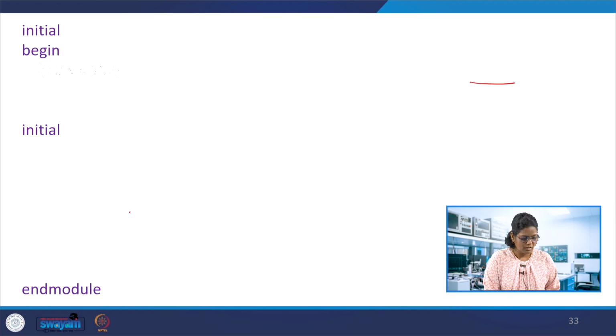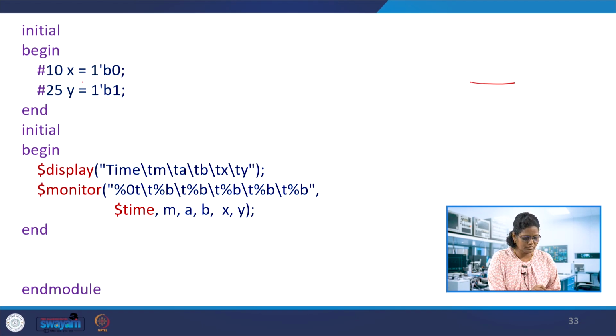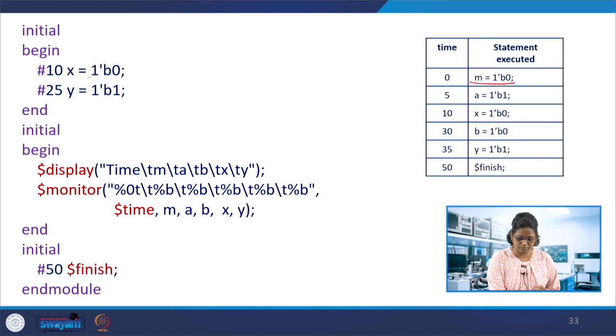In this case we have #10 before that. So at 5, from the previous initial block, A is assigned 1'b1, and then at 10 this x equal to 1'b0 is getting executed.